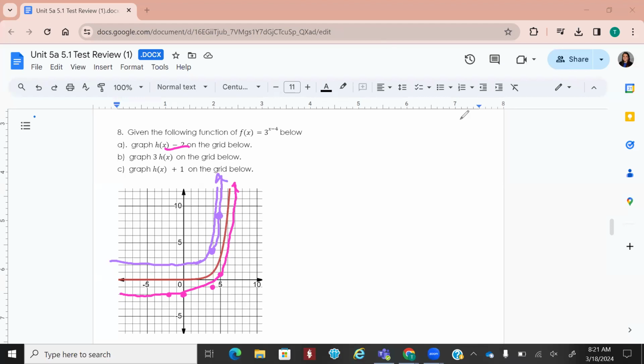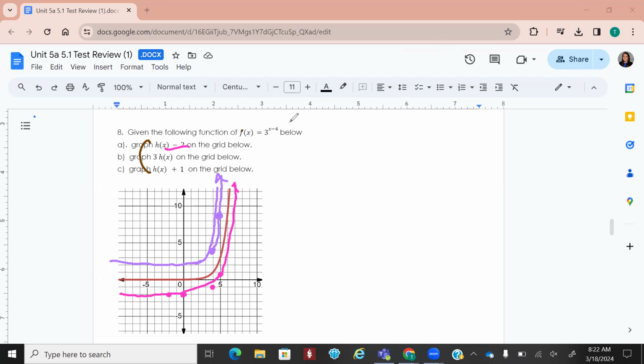And the next one is going to add 1. So you're going to go back to the original function and then add 1. Oh, I should probably read better. It should have been f of x, sorry.